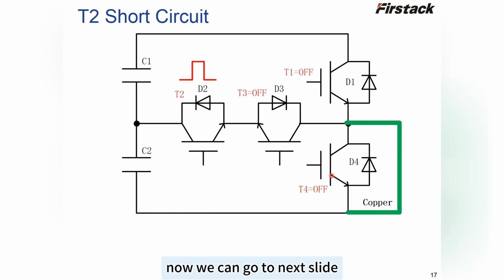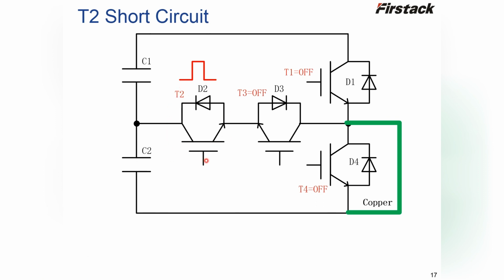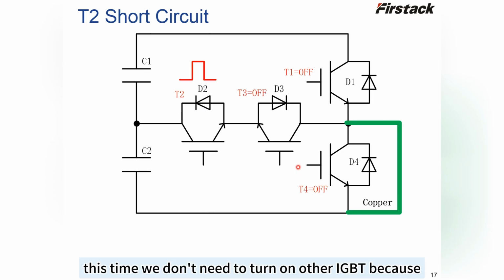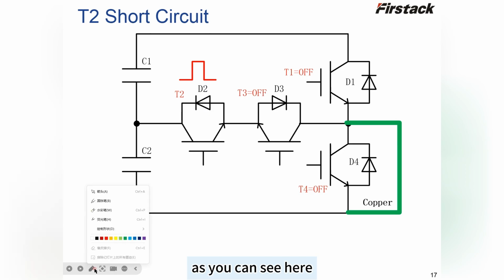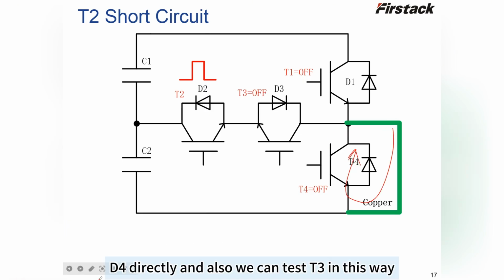Okay, this is what we need to pay attention to in the SC test. Now we can go to the next slide. We will test T2 now. Like the complete process in the last slide, a single pulse is given to T2. But this time we don't need to turn on other IGBT because, as you can see here, a freewheeling path is through T4 directly.